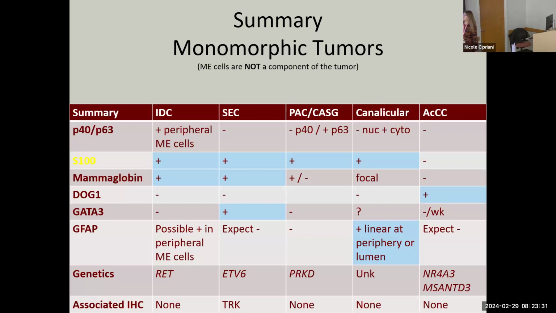I don't really use GATA3 because it's not very well studied, but it can be positive in many salivary gland tumors, very strongly in secretory. Some people, you might see outside institutions throwing GATA3 on their salivary tumors. And then again, genetics to sort those out.